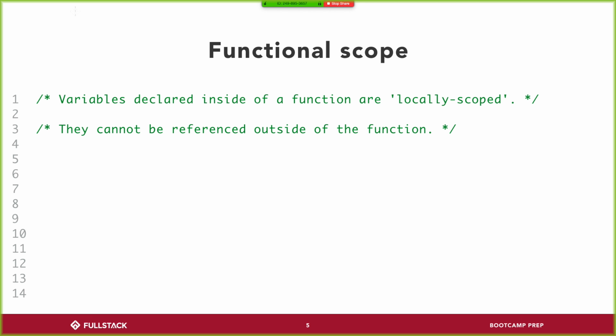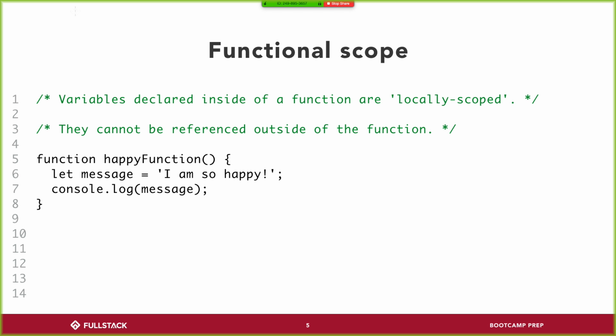Variables declared inside of a function are locally scoped and they cannot be referenced outside of the function. So any guesses as to what will be printed to the console when we run happy function?